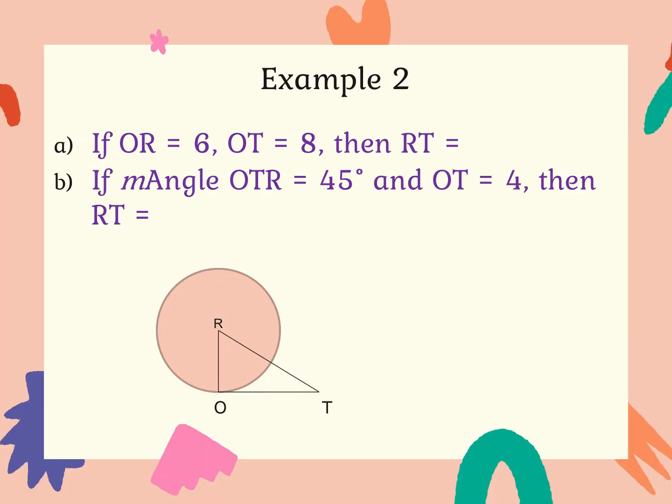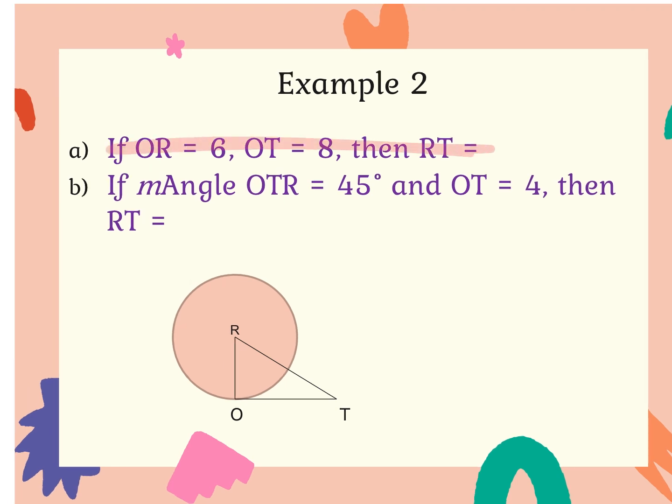All right, so example 2 actually has 2 parts. I'm going to label my picture for part A in red.